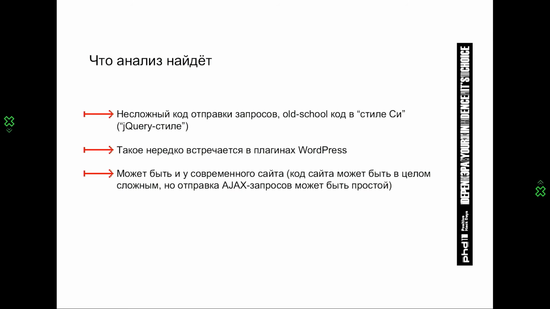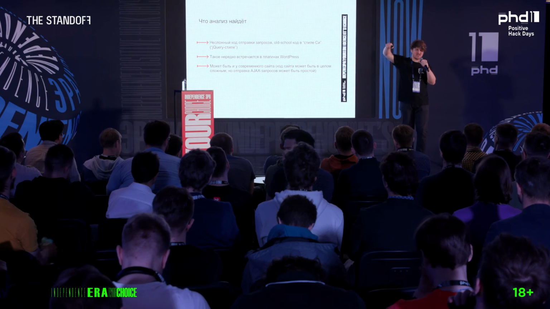So what the analyzer is going to find: if the code is done in jQuery style, if the code is simplistic, and it often happens in WordPress plugins, and in complicated websites as well, when the code is difficult a lot on the client, but the request is simplistic.